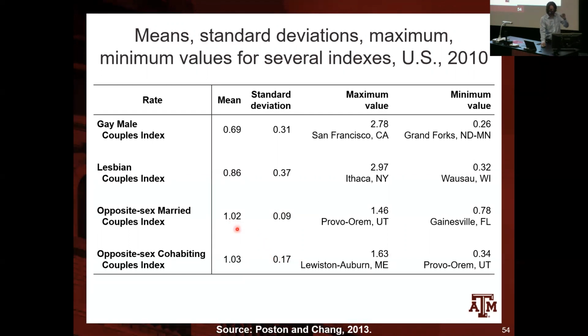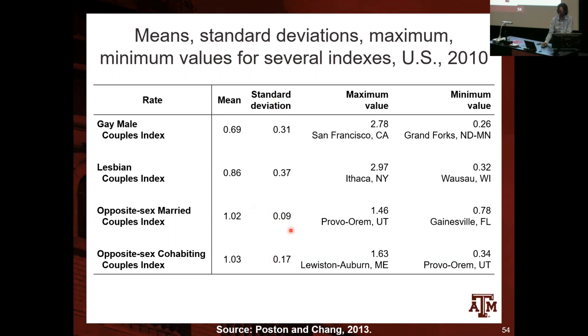So married and cohabiting, these numbers here are showing that they are pretty much randomly distributed because it's not so far away from one. And if you look across all these metropolitan areas, the standard deviation, this measure of variation across all these metropolitan areas, is really small as well.